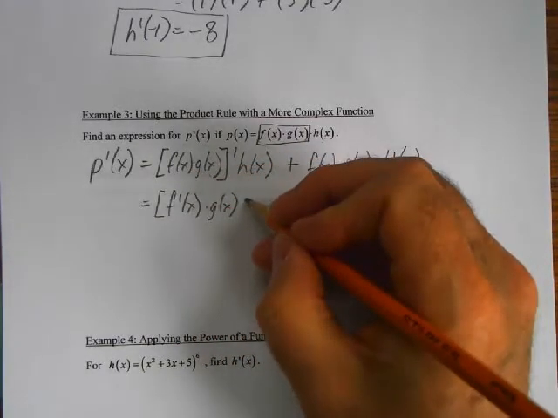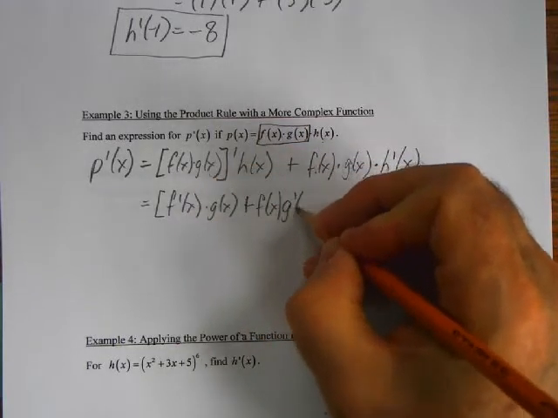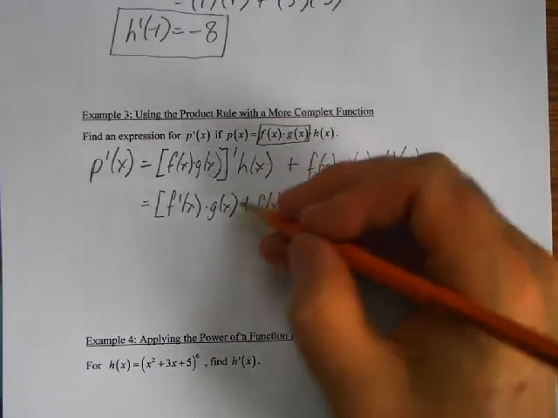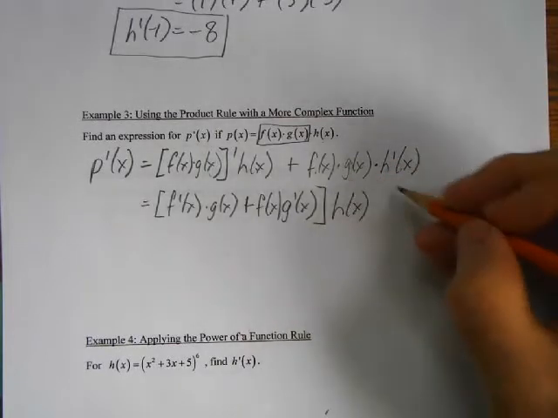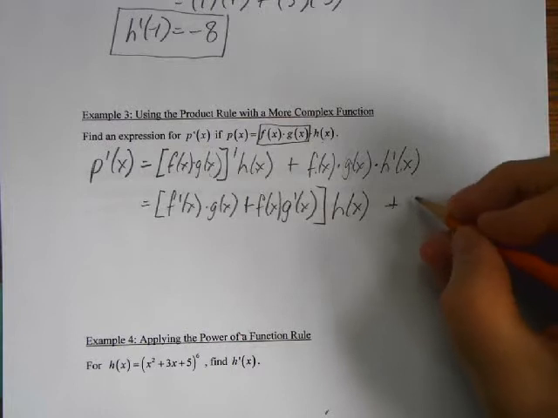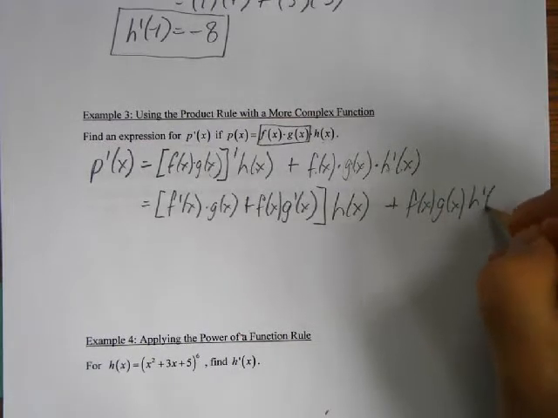And then the second part of the product rule, f of x times g prime of x, square bracket, and this whole thing is multiplied with h of x. And then I've got this three function product here, f of x, g of x, h prime of x.